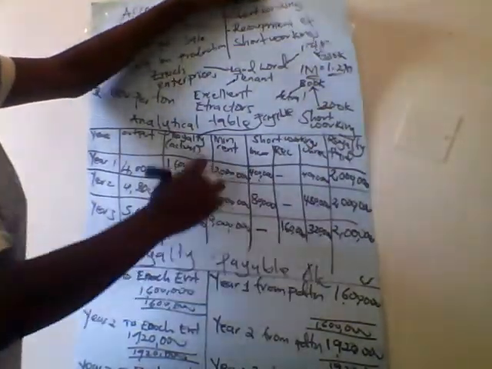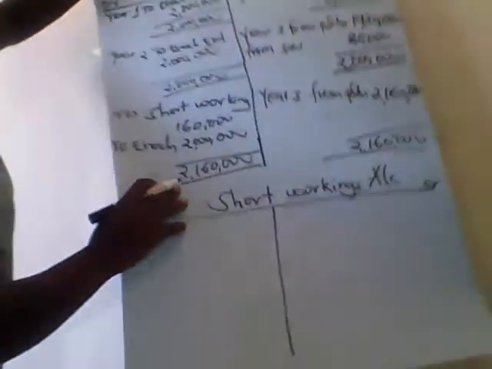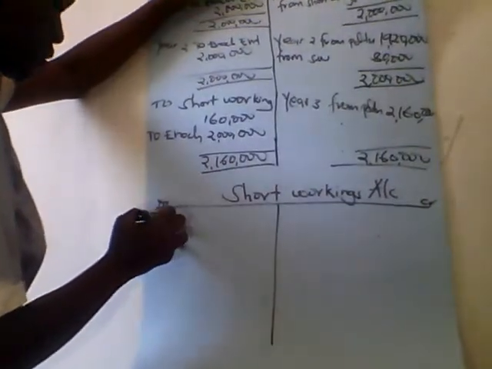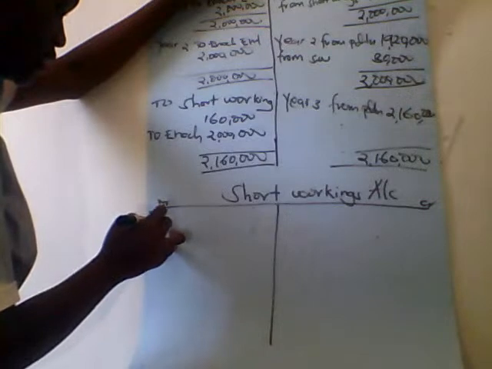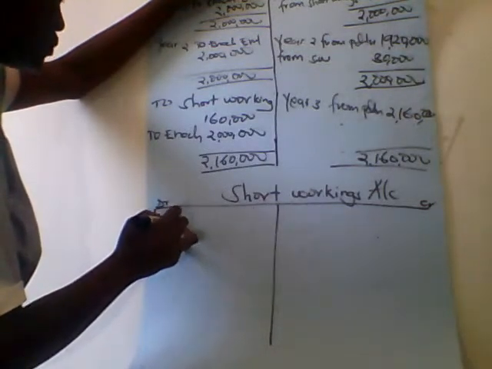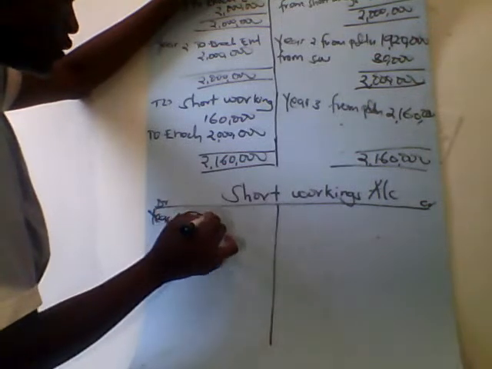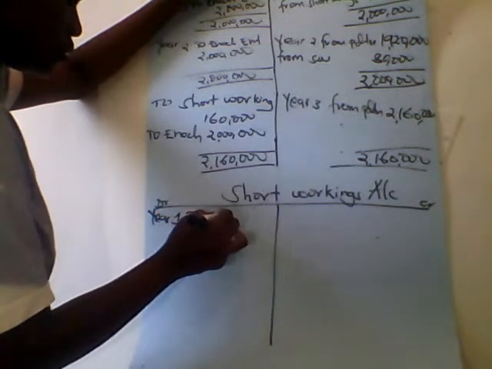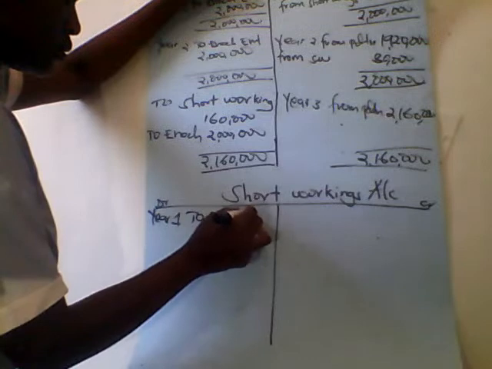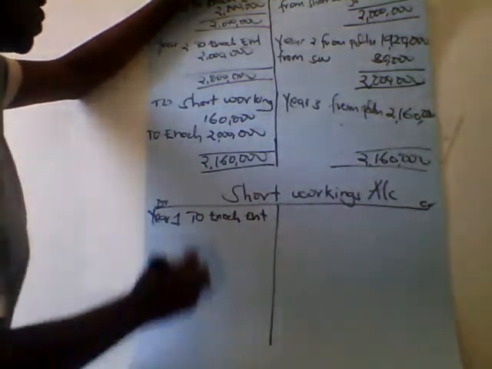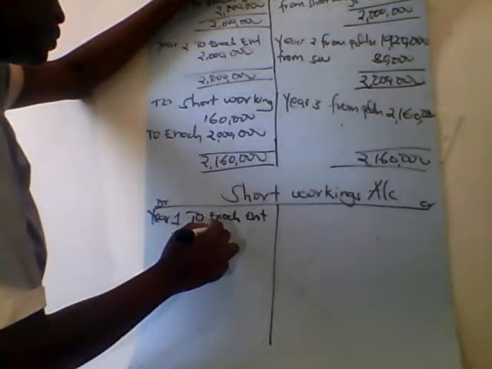So in the first year, year 1, to Enoch, we incur the short working with 400.